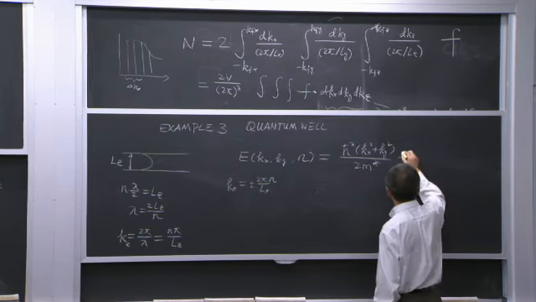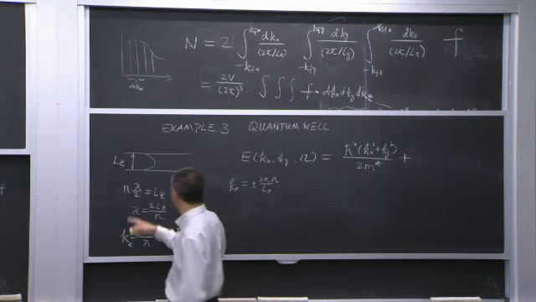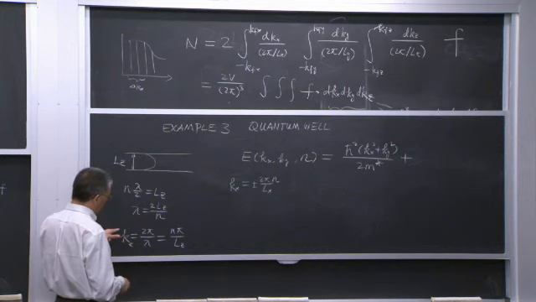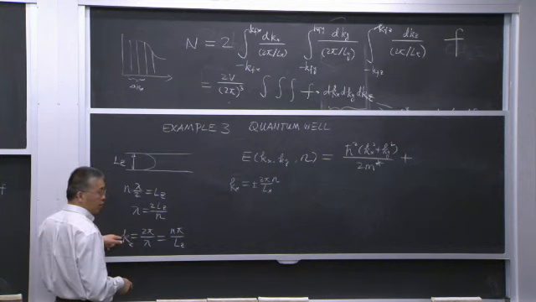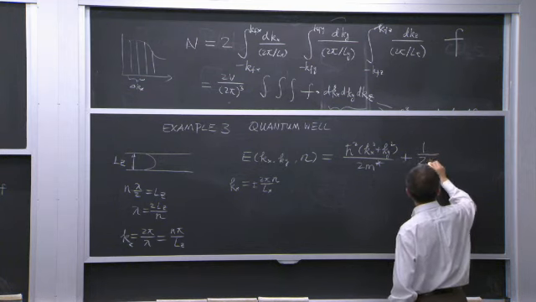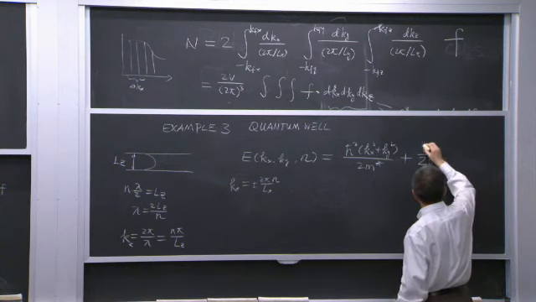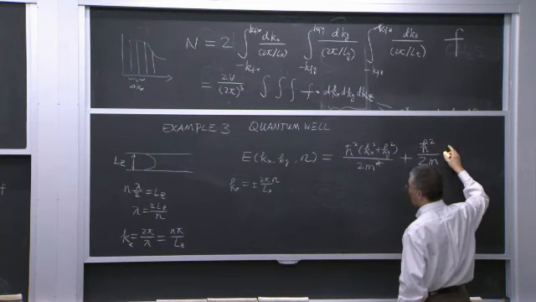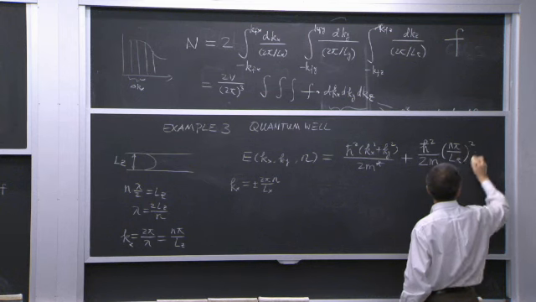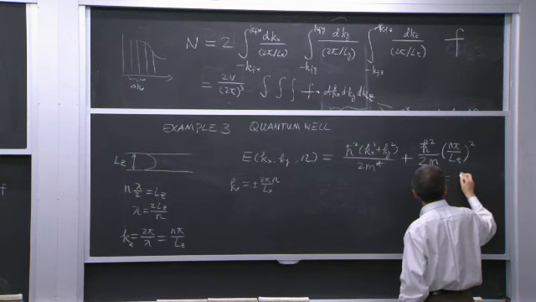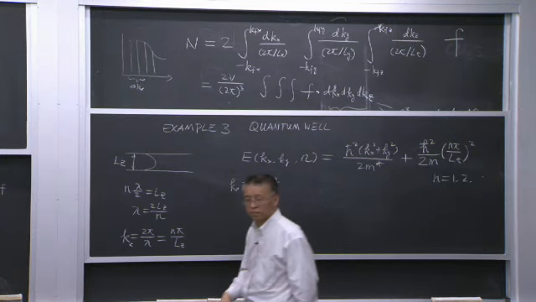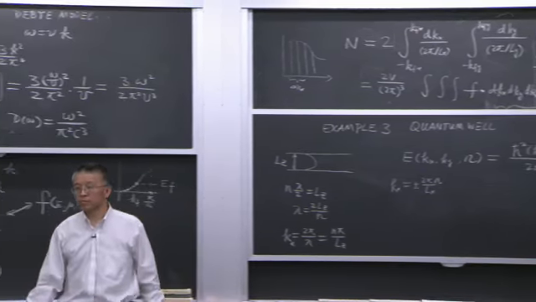And in the z direction, I can do my energy quantization: h squared k squared divided by 2m, which is h squared over 2m times n pi over Lz squared, n equals 1, 2, and so on.